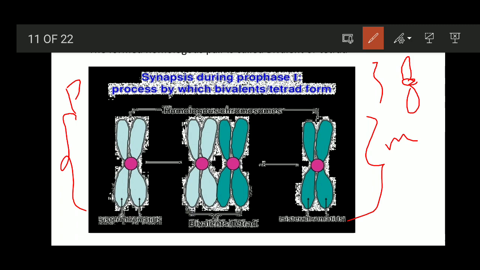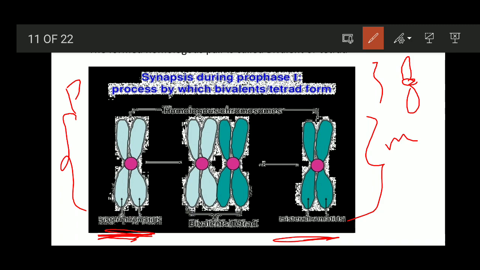Now each chromosome has a replica, yes or no? So this replica of the chromosome is known as sister chromatids. So one set is from the paternal side and both are replicas of each other. They are known as sister chromatids. Another set is from the maternal side and they also have two replicas known as sister chromatids. Right?